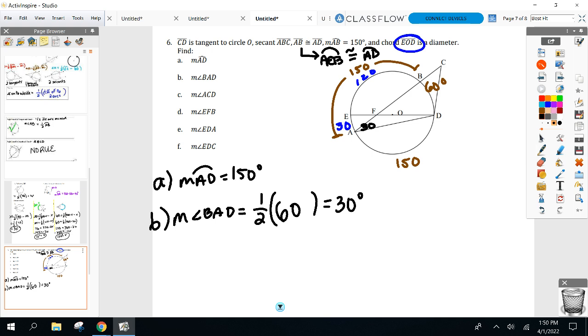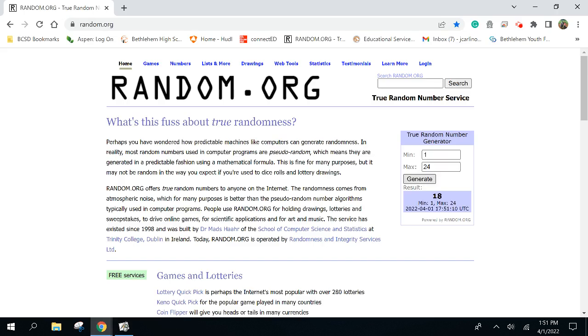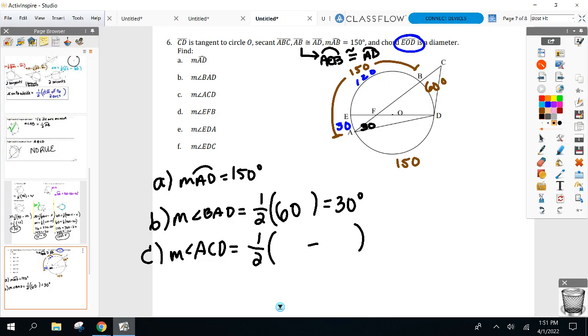30. Part C, measure of angle ACD. Inside or outside? It's outside, so you better be subtracting 2 arcs then. ACD. Highlight it if you need to see what 2 arcs are in between it. ACD, what are the 2 arcs in between it? 150 and 60.